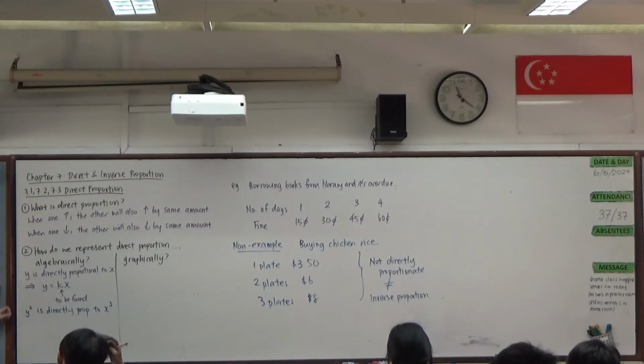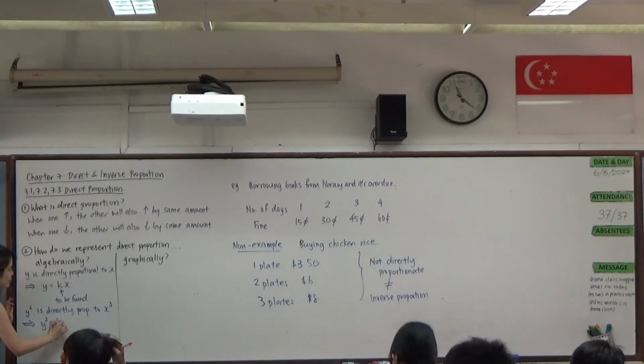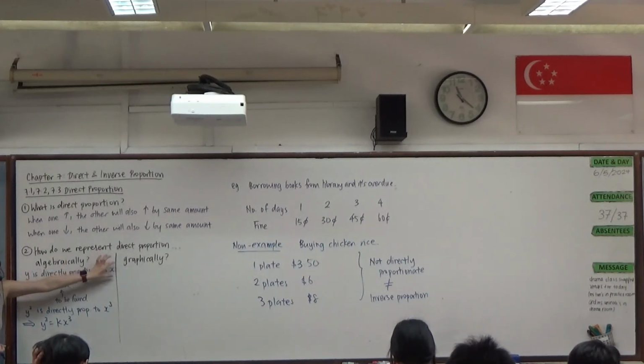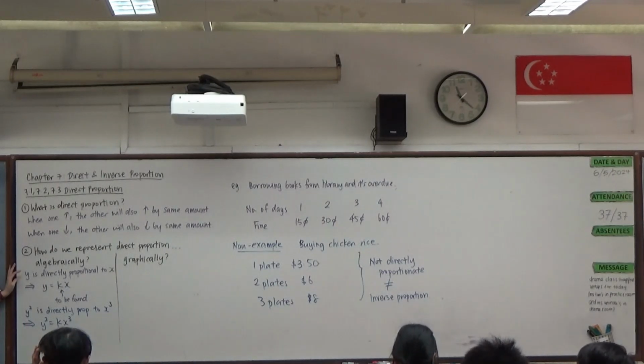If you have such a statement, we can say that y squared is equal to k times x cubed. So it is always about looking at what variables we're having. When it is direct proportion, we will include this constant k that multiplies with the other variable. You understand? That is how we represent direct proportion in an algebraic manner.